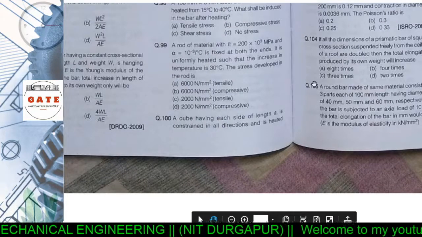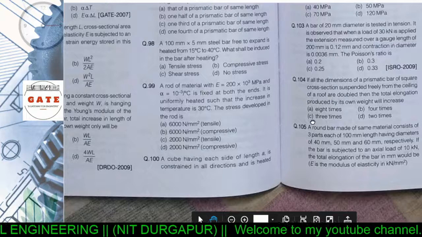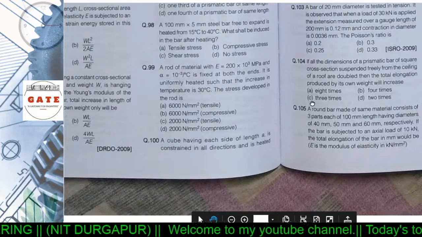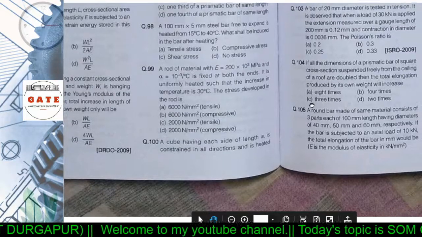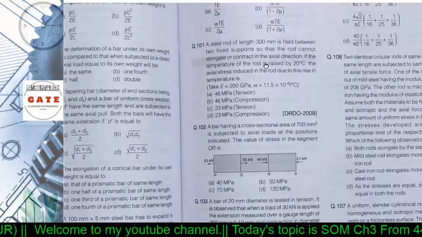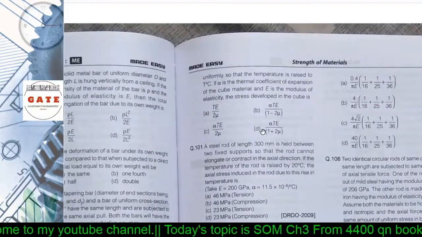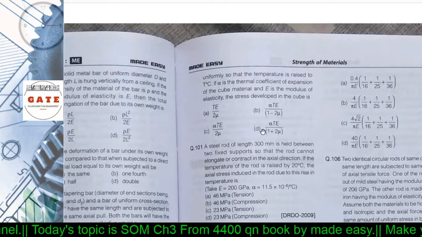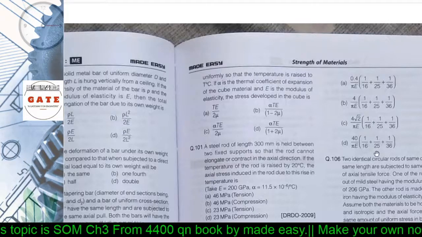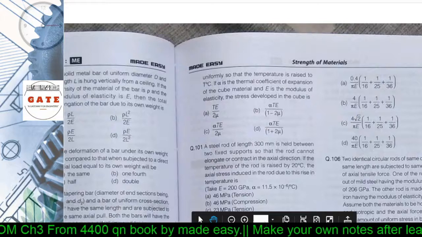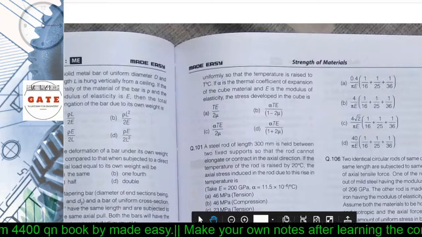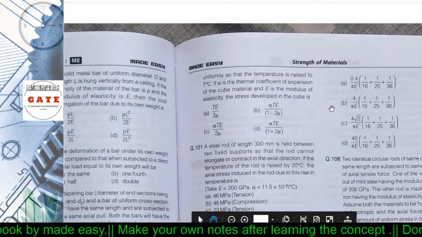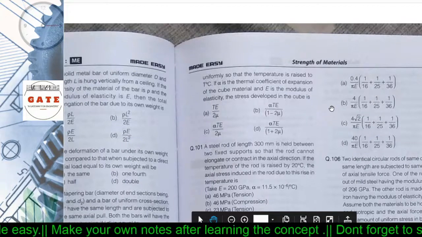Question number 100. A cube having each side of length A, constrained in all directions, is heated uniformly. So it is a very important question. I have given the formula. The temperature is raised to T degree centigrade, alpha is the thermal coefficient of expansion of the cube material and E is the modulus of elasticity. Then the stress developed in the cube is a direct formula.